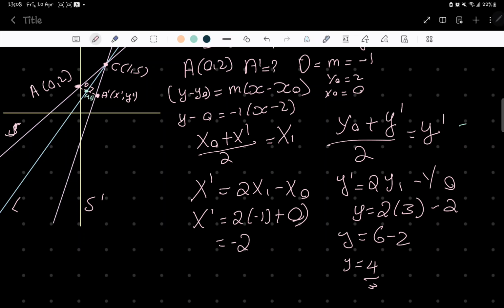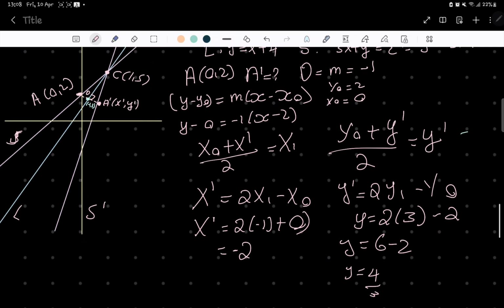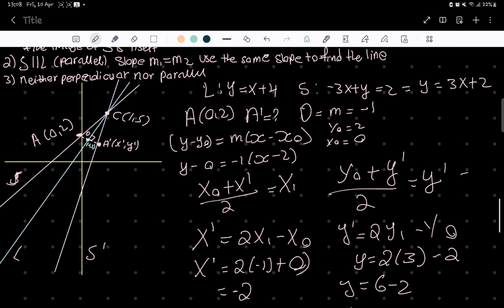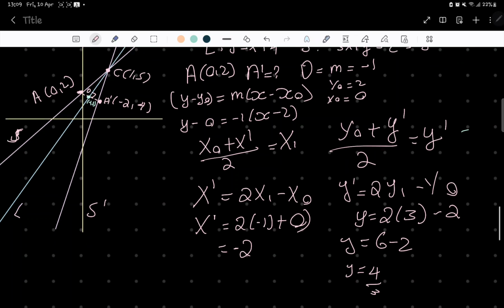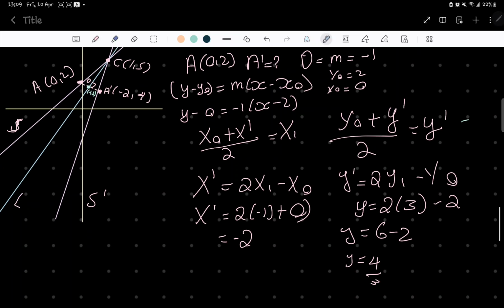Oh yeah, guys, this is minus 2, my bad. So this is going to be our answer. This point right here is minus 2, 4. If you're confused why I keep messing this part up, it's just 2 times minus 1 is minus 2 plus 0, which equals minus 2. So just don't forget that part.